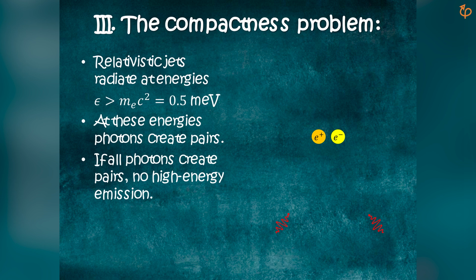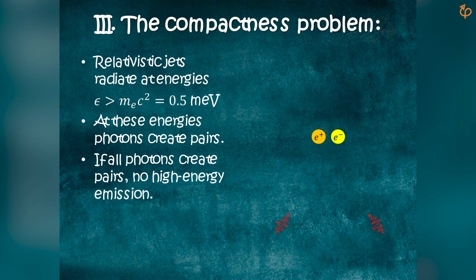The problem is that if all photons within the blob will create pairs, I will not have any high energy photons to see. Okay? So then the question that we can ask is, can these high energy photons that we see escape the blobs and reach the eye?